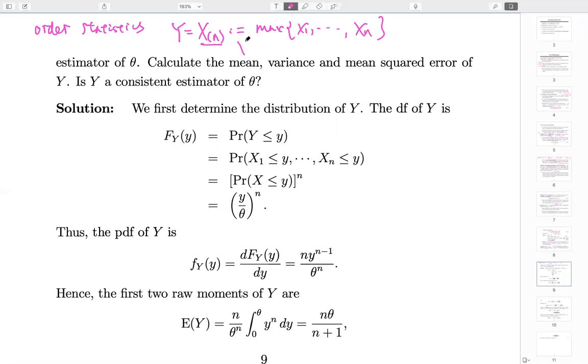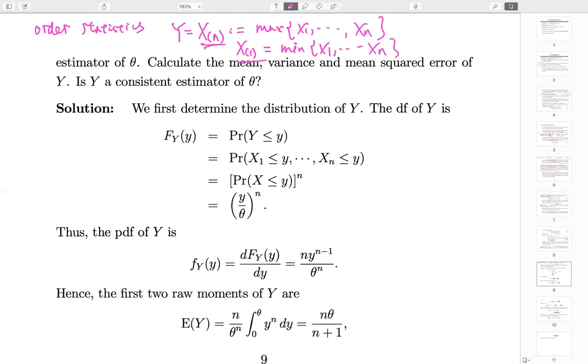Okay, and similarly, X bracket 1 is the minimum. Of course, you can define X bracket 2, X bracket 3, and so on. X bracket 2 would be the second smallest. So it's the smallest, and then you take out the smallest one. Then you take the smallest of the remaining n minus 1 random variables.